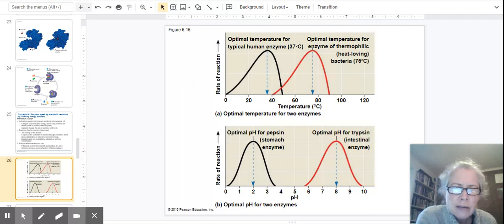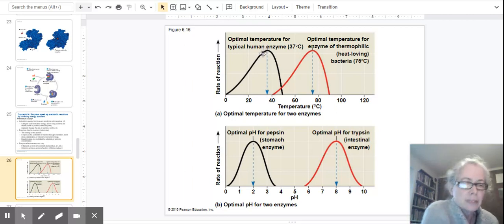And what you see here are some interesting enzymes that illustrate how that works. Let's just look at this one black curve here at the top. This is the optimal temperature right here at 37 degrees Celsius for a typical enzyme in a person. It is not coincidental that its optimal functionality is exactly the same temperature as the average body temperature of a human. Natural selection has favored that optimality.